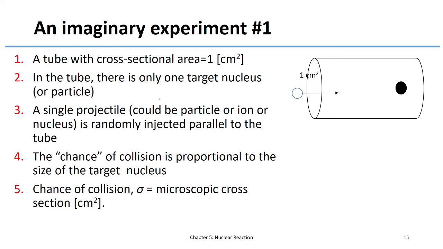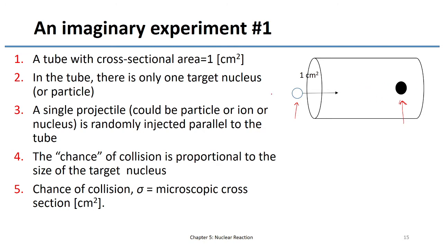We are going to experiment with a projectile, an incident particle, and a target nucleus. This target nucleus does not move. Only the incident particle is moving towards the target nucleus.